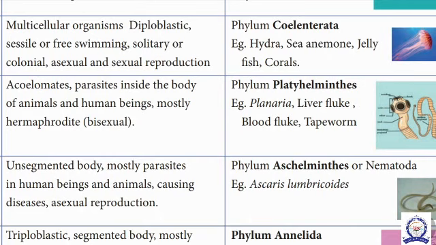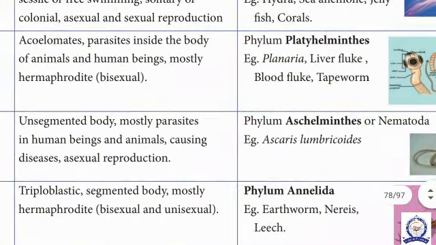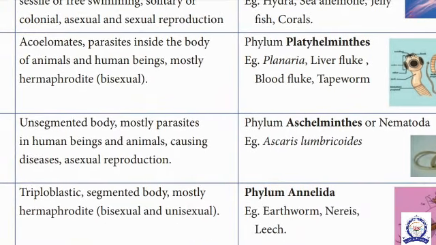The next phylum is phylum Platyhelminthes. These groups of organisms are parasites. What are parasites? Parasites live inside the body of a human or an animal, and they suck the energy and utilize it for growth and development.